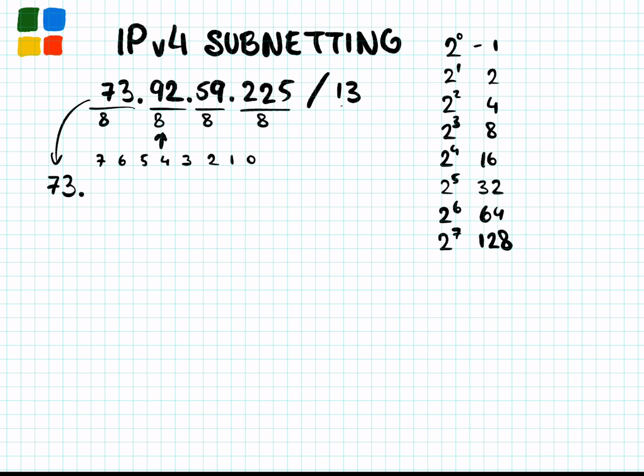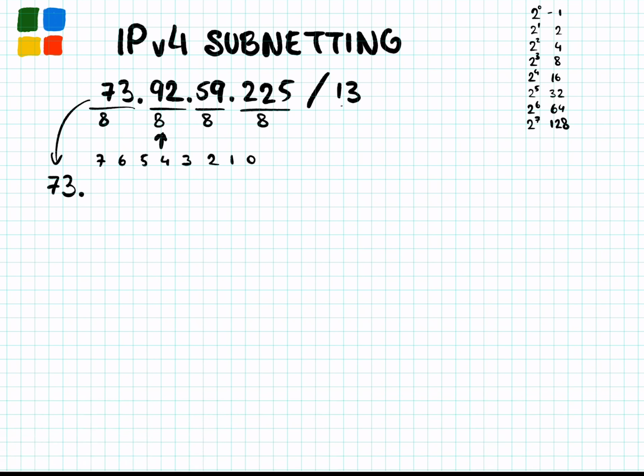So these are the powers. Let's make them a little bit smaller and move them around, and we'll have them as a reference.